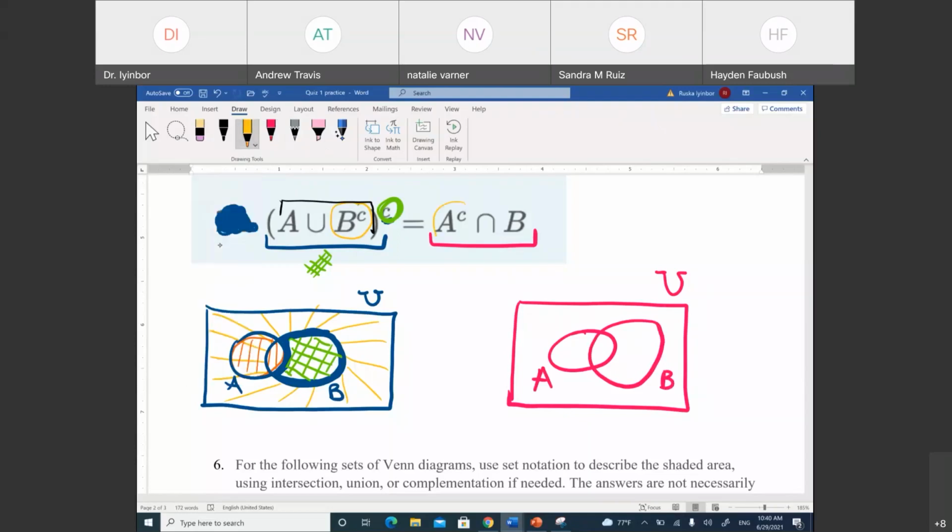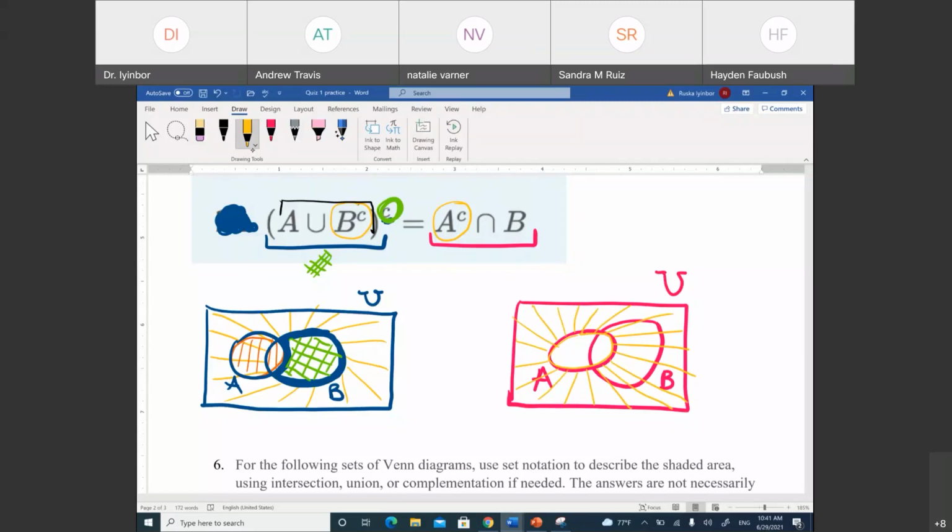And then you're going to find where it's intercepting B. So the common area between A complementary and B is going to be my answer. So let's start with A complementary. Complementary of A is outside of A, right? We're going to shade everything outside of A. So everything outside of A is A complementary.